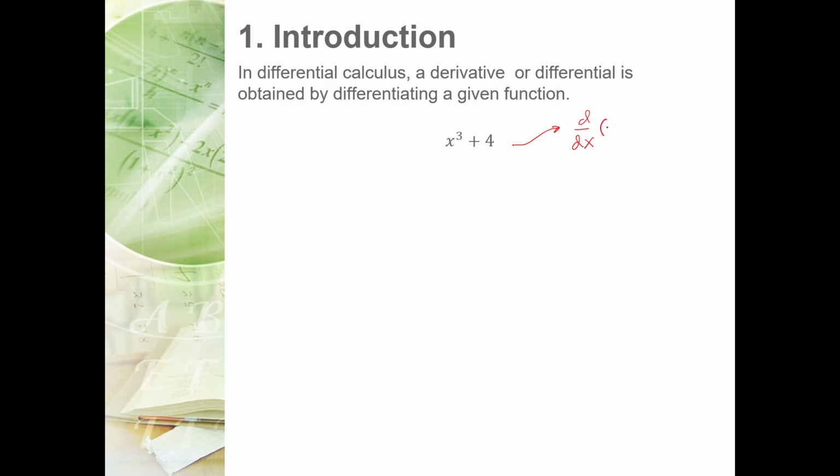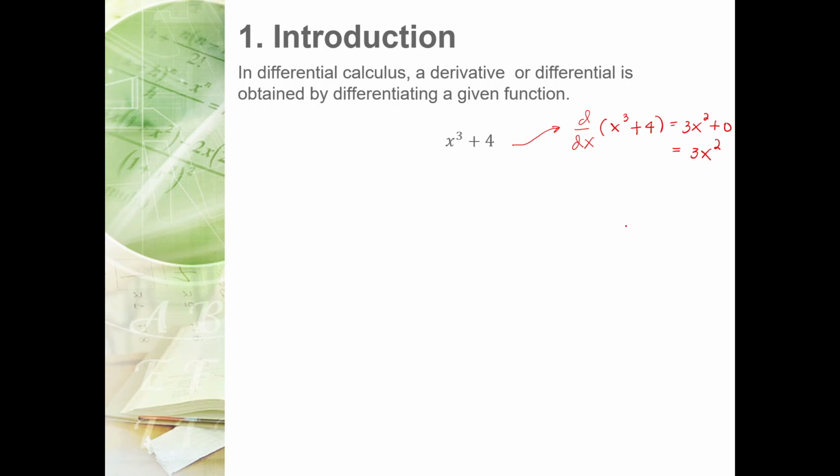So that will be x cubed plus 4, and then the corresponding answer will be 3x squared plus 0. And then the final answer will be 3x squared. Okay, so that will be your derivative.